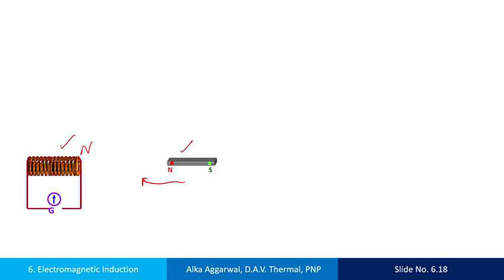When the north pole is developed, then due to the force of repulsion, the magnet is not moving towards the coil. That is Lenz's law.